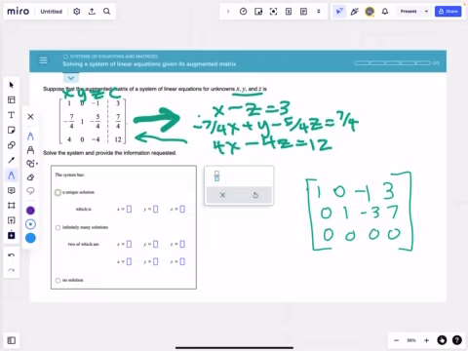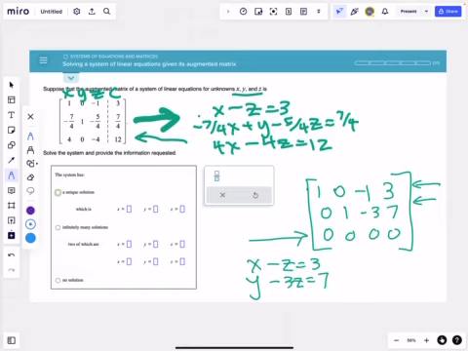So remember that if you have zeros all along the last row, this means we have an infinite solution case, all right? So let's look at the equations that come out of the first two rows. I have x minus z is equal to 3, and I've got y minus 3z is equal to 7.